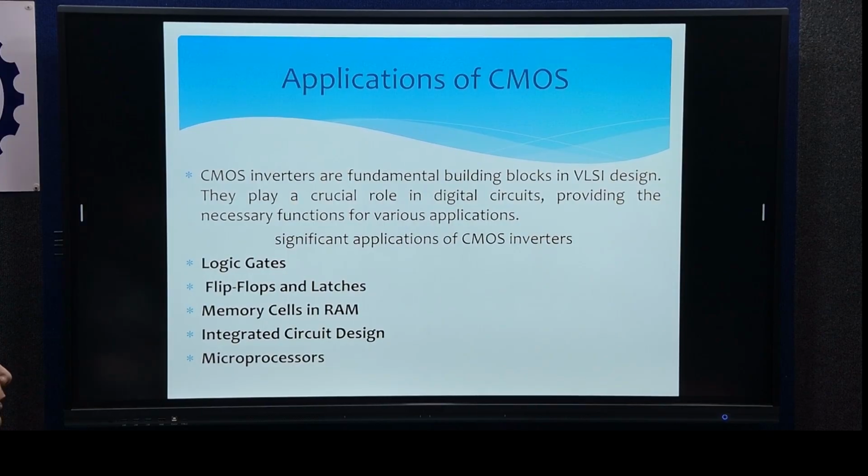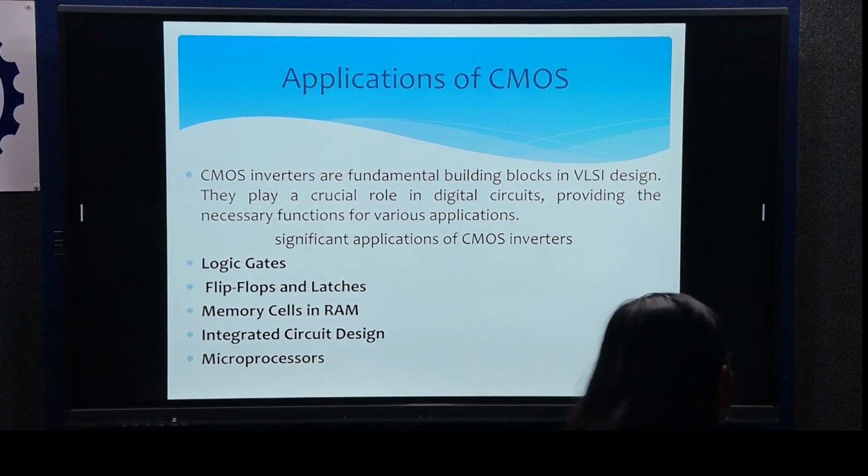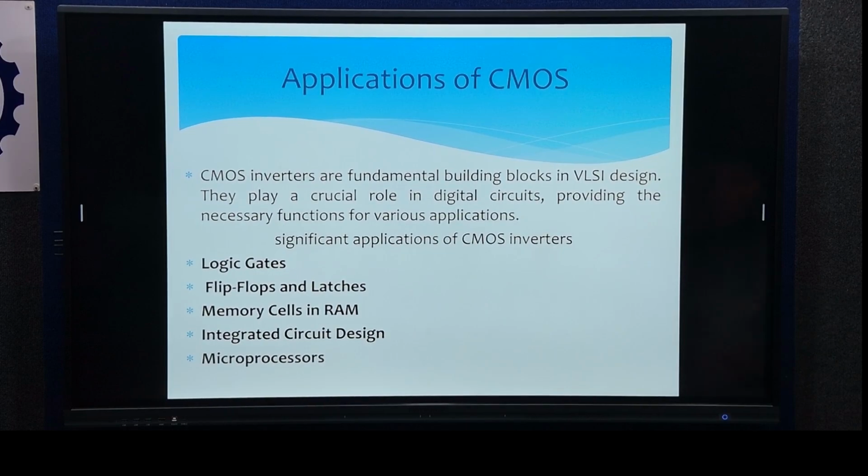CMOS inverters are fundamental building blocks in VLSI design. They play a crucial role in digital circuits, providing the necessary functions for various applications. Significant applications of CMOS inverters are logic gates, flip-flops and latches, memory cells and RAM, integrated circuit design, microprocessors, etc.